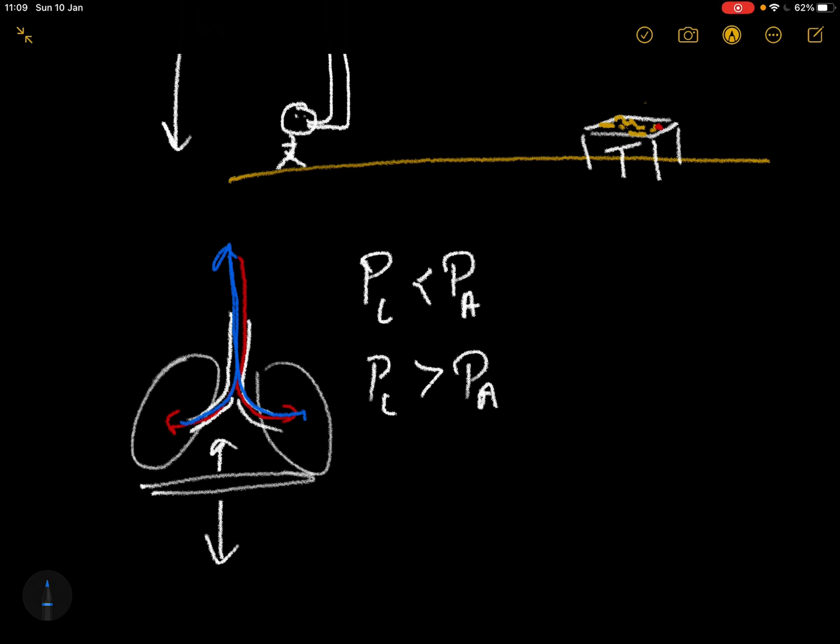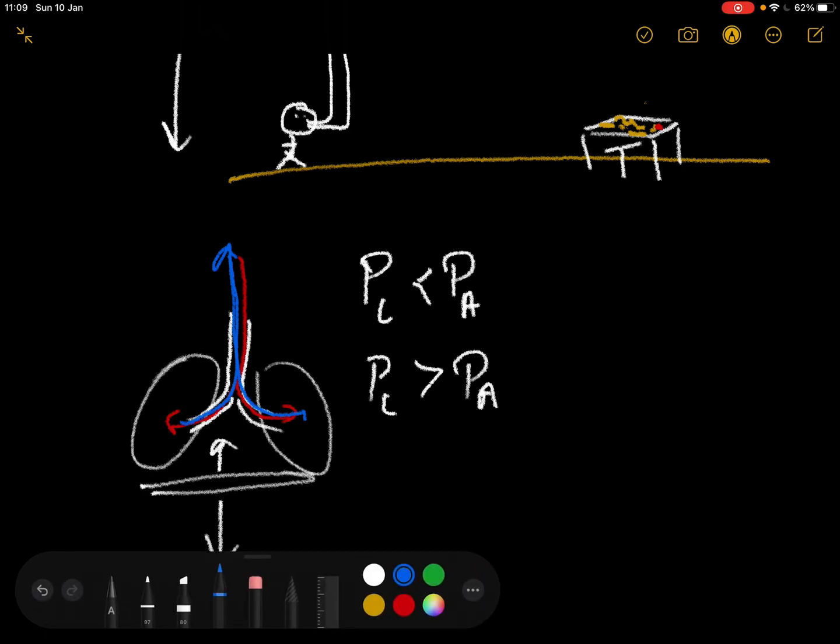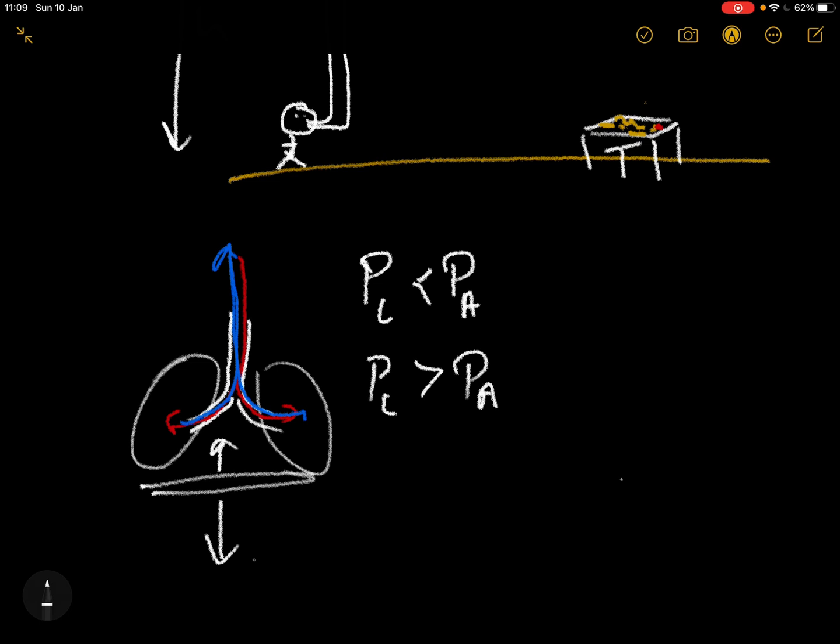Now, the pressure differential that your lungs can deal with is largely based on the force that your diaphragm can pull down with in order to expand the lungs. What is the maximum pressure differential that you can create by taking as deep a breath as you can, by inflating your lungs as much as you can?